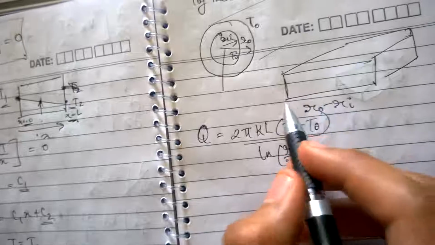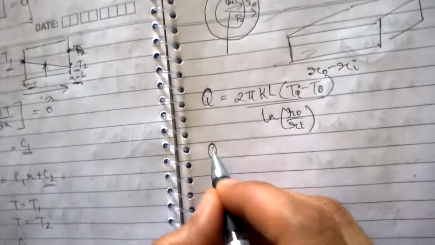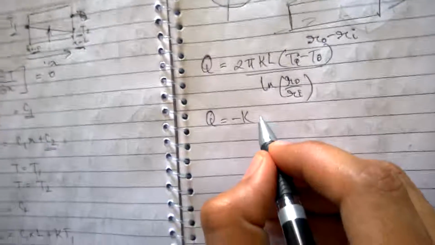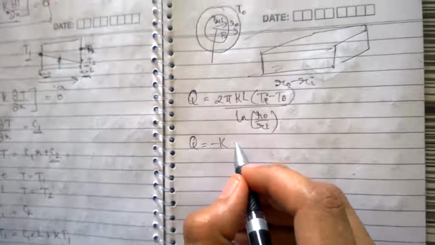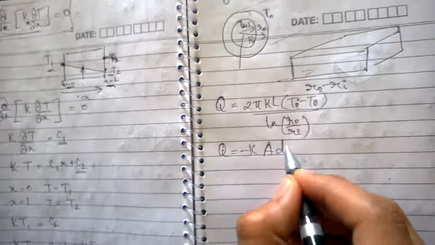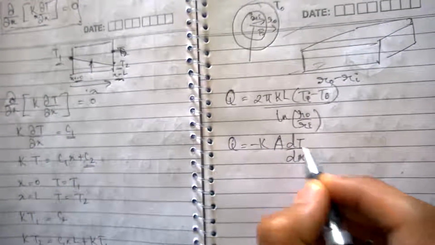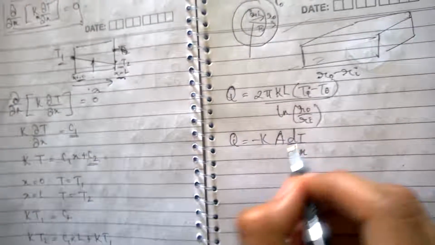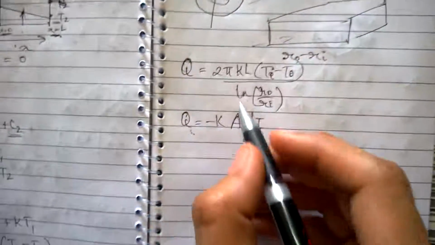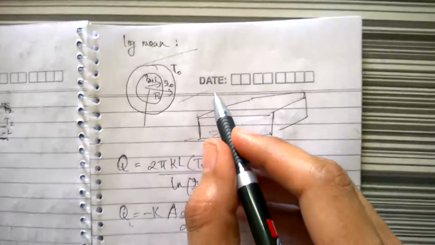Similarly, for this block, which is the same as a wall, we can use the formula Q equals minus KA dT by dx essentially. So if we want to derive a value of Q in terms of the length of the pipe as well, we would be using the equation we just derived.